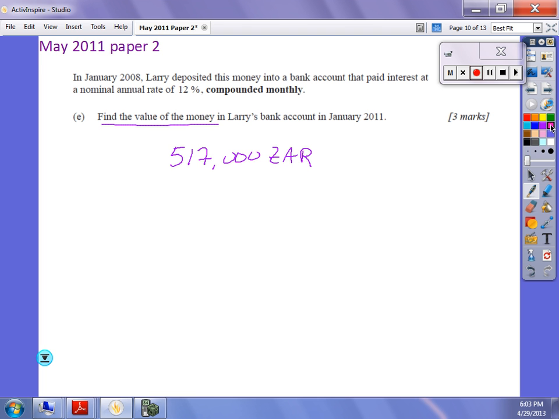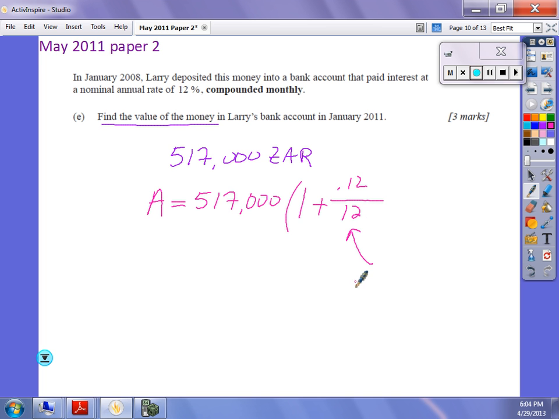So Larry is going to take his investment, and the amount that he's going to end up with is the amount that he invests, 517,000 times 1 plus the interest rate. You can divide by 100 in the problem, and on the IB formula sheet they show the 100 in there. I usually do the division ahead of time. So we've got 12 hundredths over 12.